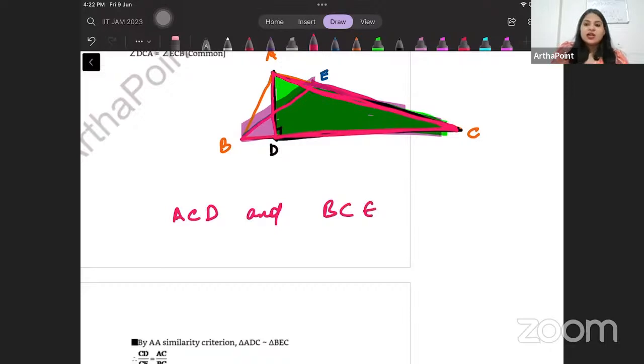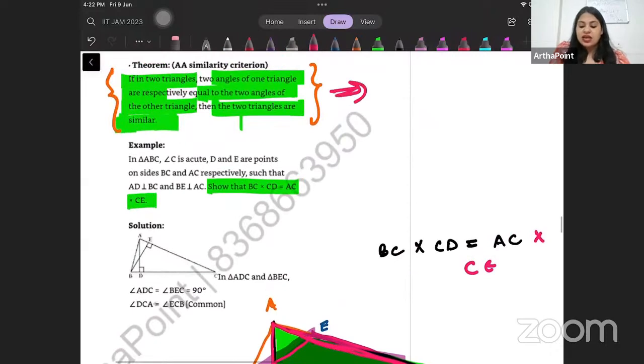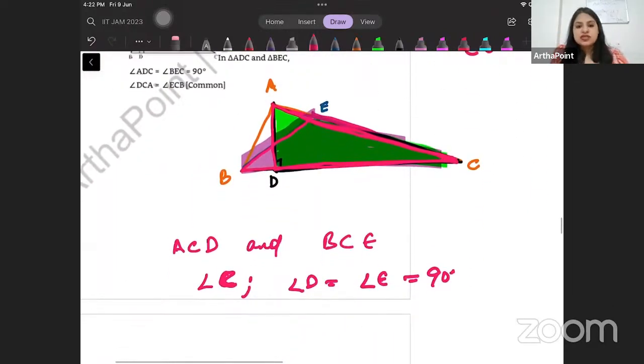So beta, one angle is common, angle C, and the other angle is equal, angle D is equal to angle E is equal to 90 degrees. So if two angles are equal in a triangle, then the two triangles are similar. So these two triangles will be similar.